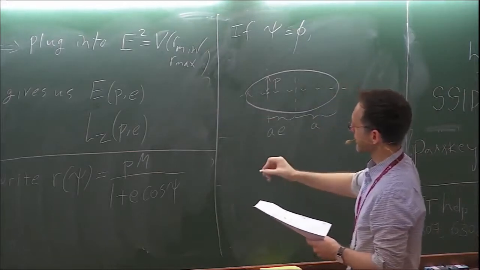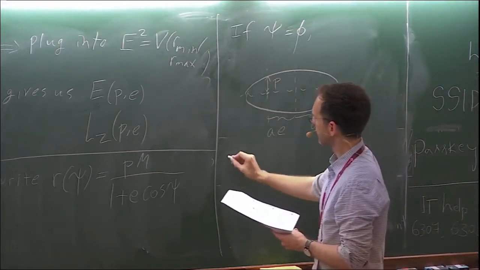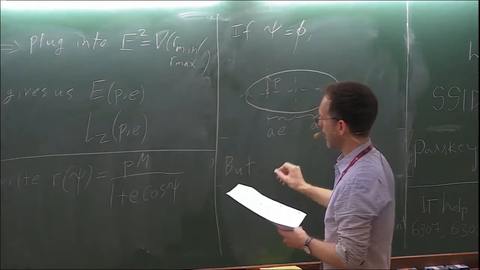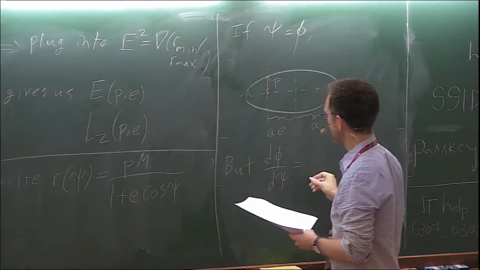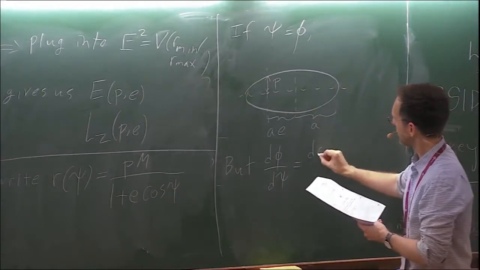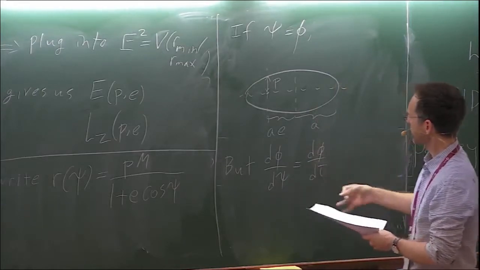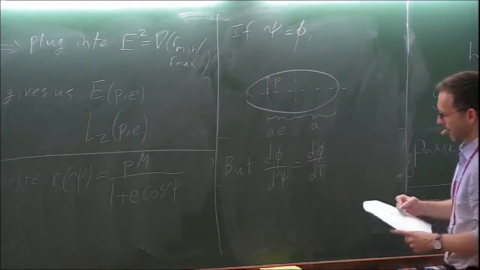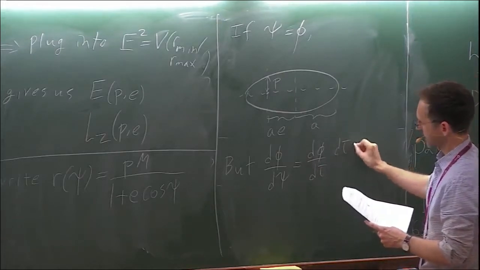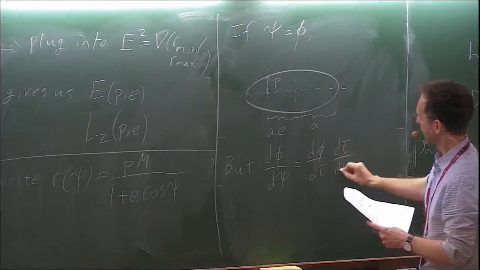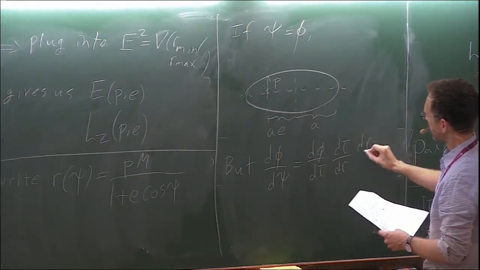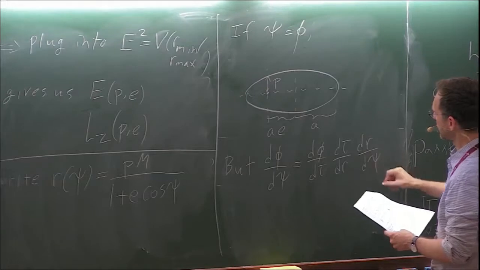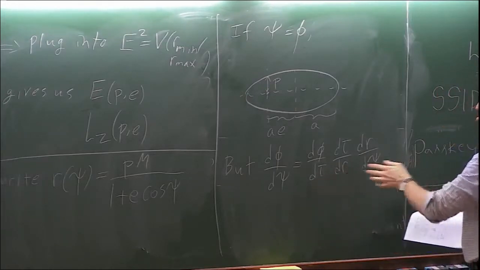But we don't have this for geodesics in Schwarzschild. What we actually have is d phi d psi is equal to d phi d tau, which is just phi dot, times d tau dr, which is 1 over r dot, times dr d psi. So this is just a sequence of chain rules.